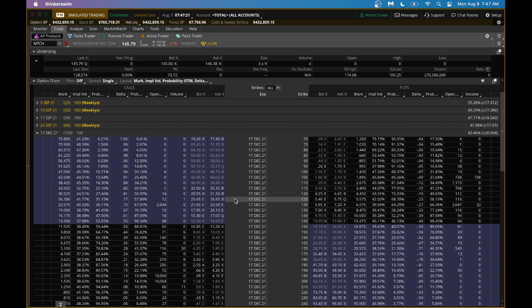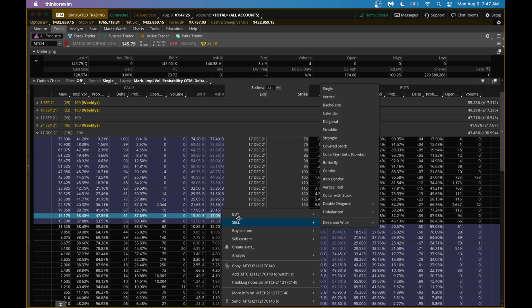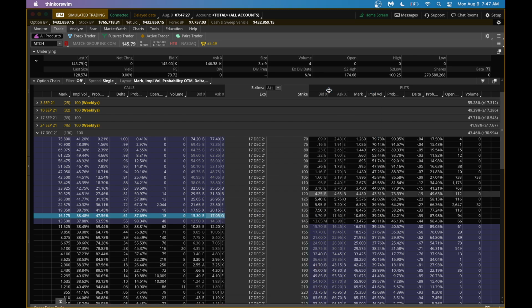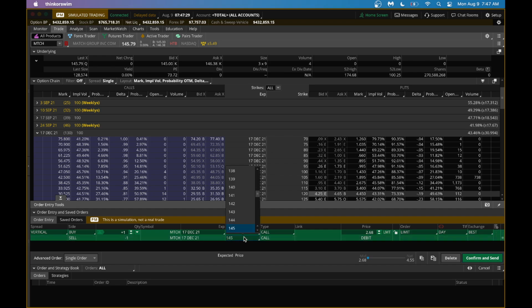You could do a 140, 150 spread. So let's go here, 140 and 150 spread. There you go. So it's a $10 wide spread. You're paying $4.65, and the remaining portion of $10 is your profit potential. That makes it more than doubling your money.